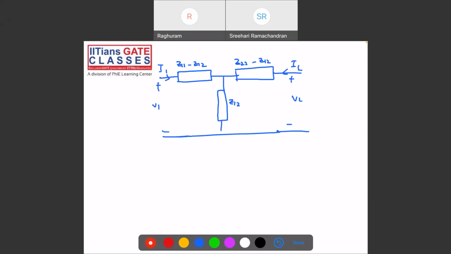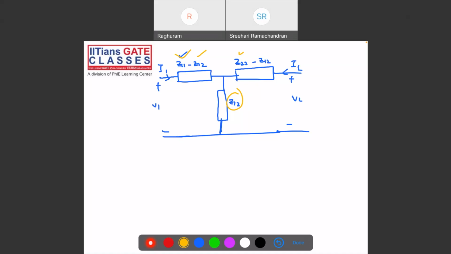You have to remember this. Whenever you see a T network with some resistance values given, you should be easily able to find the values of Z11, Z12, and Z22, the T equivalent. Is that clear?